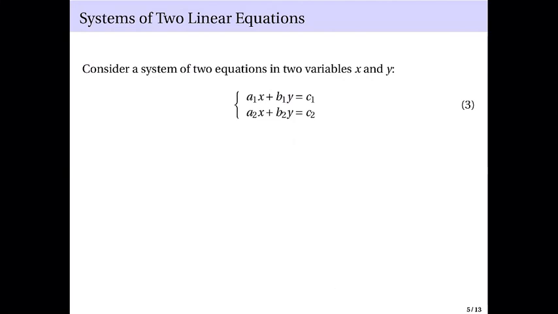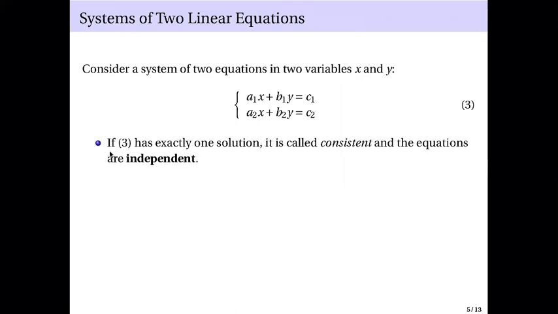Our goal is to solve the system, meaning our goal is to find a pair of values x and y that will solve each of the equations, meaning when we substitute them in both equations, the equality is true. That will be our goal.